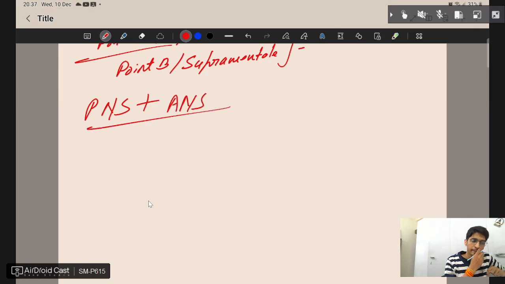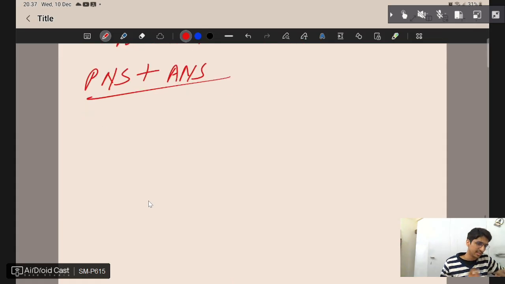Point A is named subspinale because it is present below the nasal spine, and point B is called supramentale because it is present above the menton. You don't have to stress over infradentale and supradentale, but you have to remember ANS and PNS.